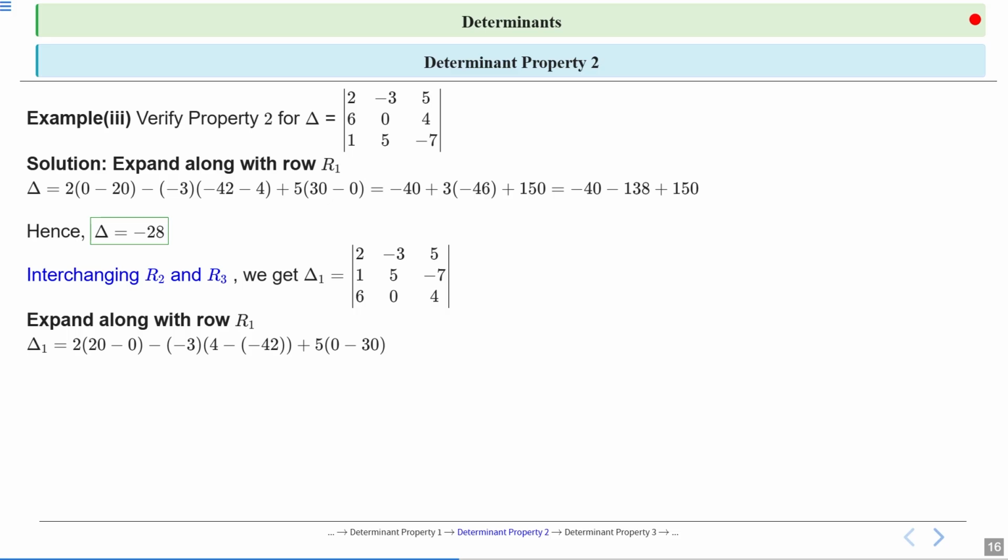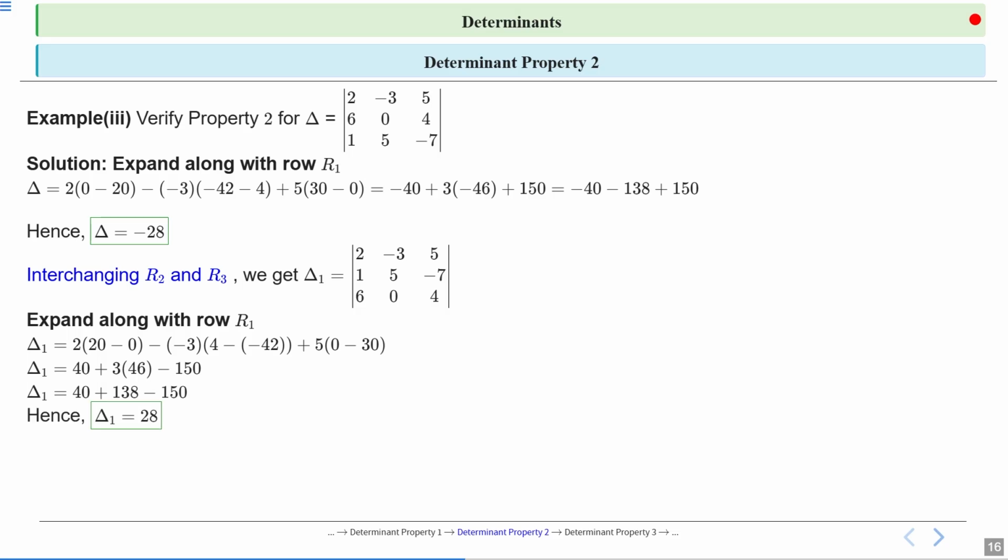So we get 5 into 4, that is 20, and 0 into minus 7 is 0. Similarly, the sign is minus, because the position is 1, 2 and 1 plus 2 is odd. So we get minus into minus 3 into the determinant of the matrix 1, 6, minus 7, 4, obtained by cancelling the first row and second column. So it becomes 4 minus 42, plus 5 into 0 minus 30. So the determinant of the new matrix is 40 plus 3 into 46 minus 150.